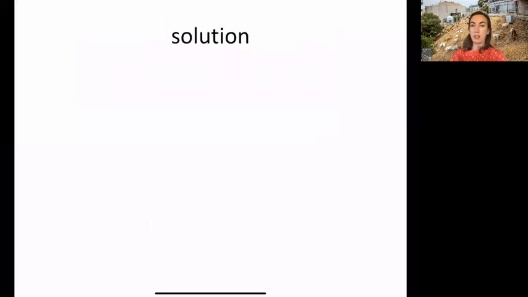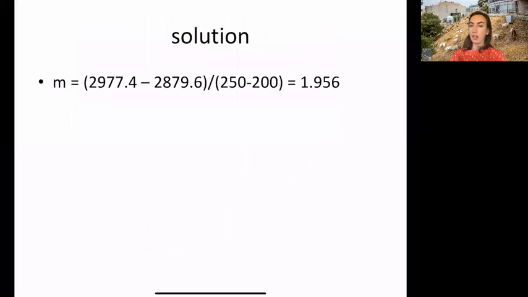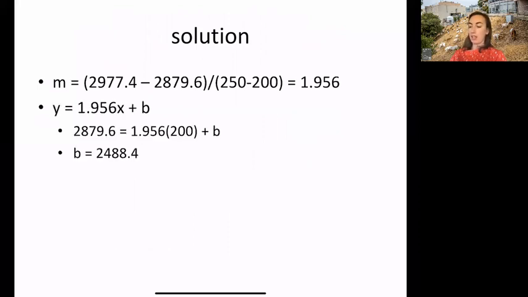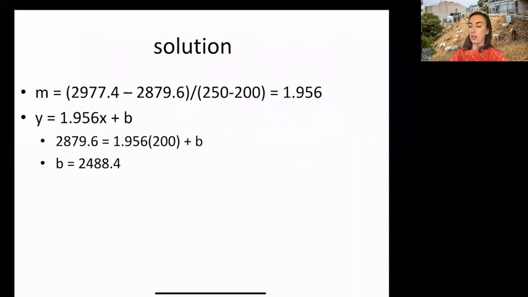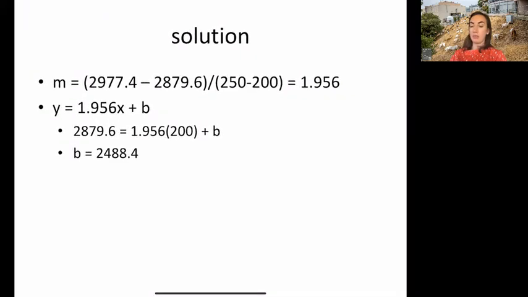So for this problem, I would find my slope to be y2 minus y1 over x2 minus x1, and I get a slope of 1.9. And then, oops, I know that my equation is y equals 1.9, my slope, x plus b.